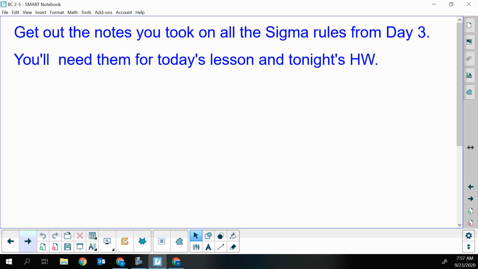So first off, we're going to be using today our different sigma rules. So we need to be comfortable with those from day 3. So if you look at the day 3 in the notes, the ones that are going to be important for us are first our constant formula.